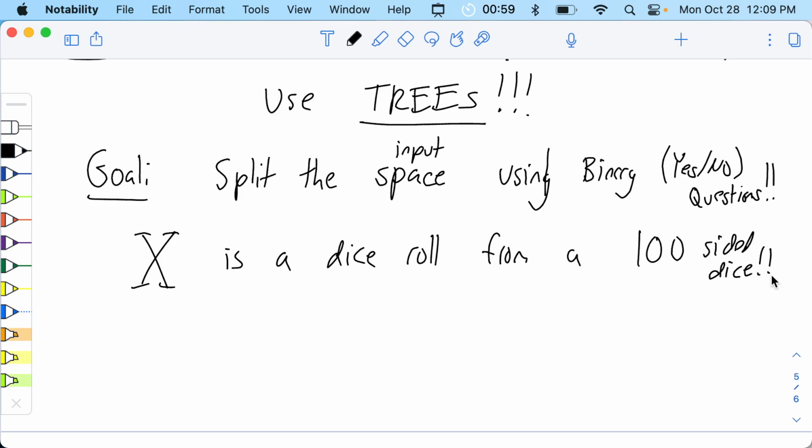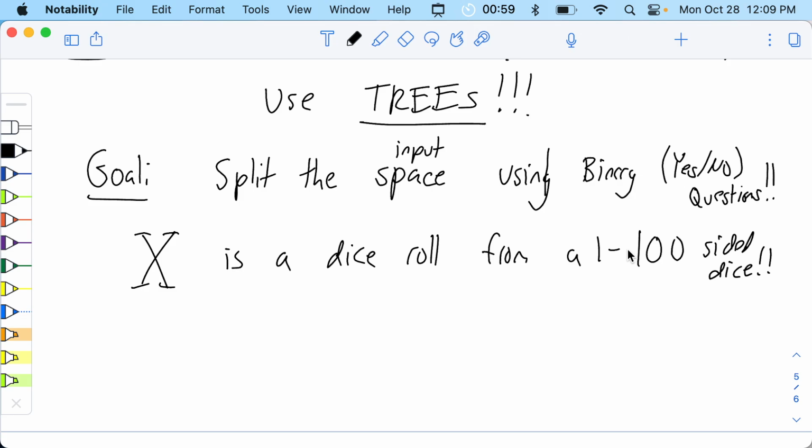Okay? And here is your goal. I roll the dice. It's going to be a number between 1 and 100. And you have to ask me yes or no questions until you figure out the value of the dice. Okay? And your goal is to minimize the number of questions. That's to kind of make the tree as efficient as possible. So probably you don't want to ask me, is it 1, is it 2, is it 3? You can probably come up with some better questions to ask.